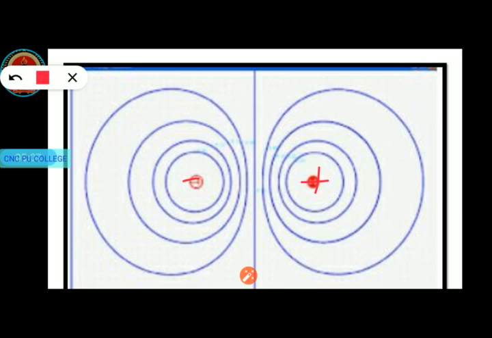This indicates a strong electric field between the two charges. This is the representation of equipotential surfaces for a system of two unlike charges.